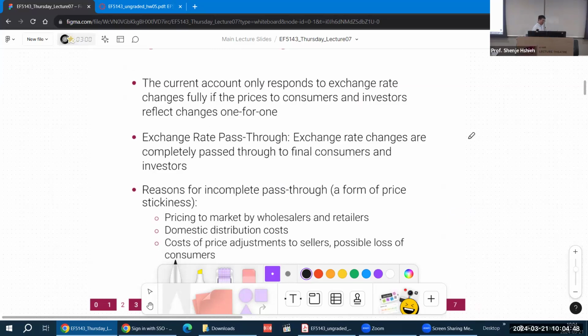Okay, so given that we observe empirically management of exchange rates, well, they would only do this if there is a benefit, right? There is some benefit to management because they think that if we can manipulate E, there could be a way to change Y, right, through the CA, through the current account.